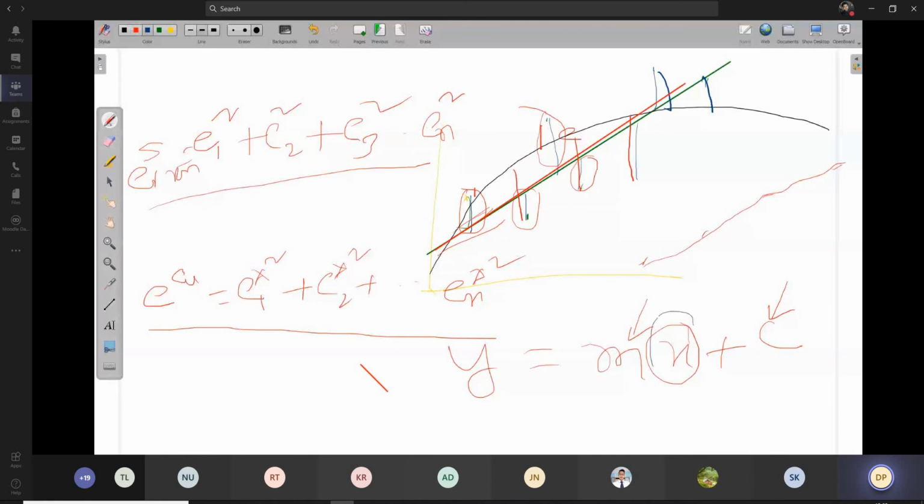Since we have only one independent parameter, that's why it is called linear regression analysis. It depends on the number of independent parameters.